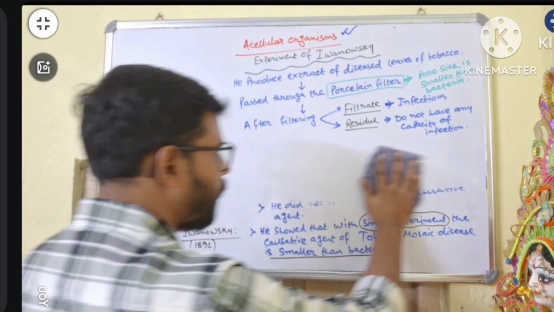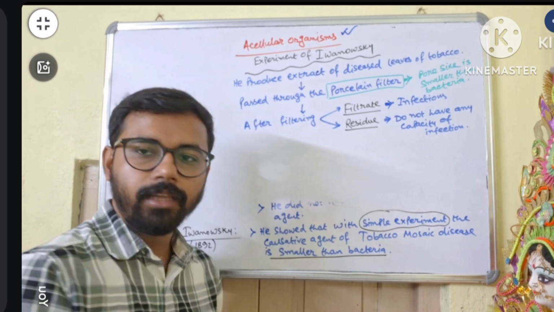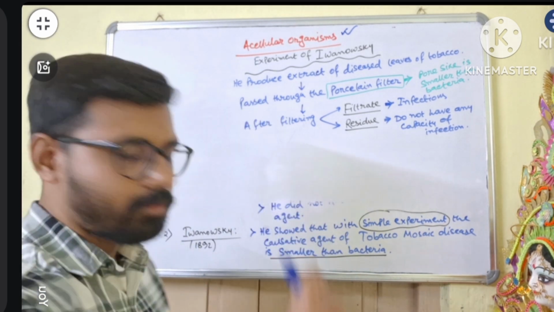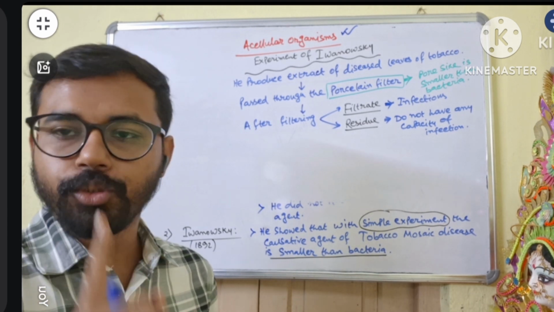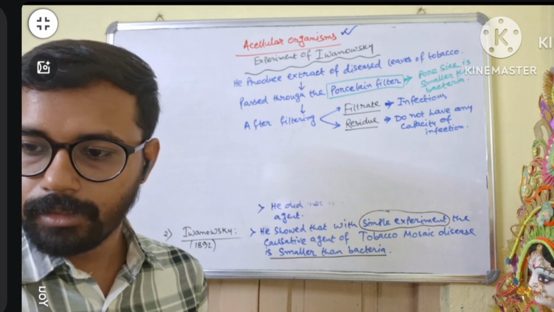We can easily conclude now that the filtered portion has the infectious property, and the filtered portion is produced only when the material passes through the porcelain filter, so the material should be smaller in size than the bacteria.